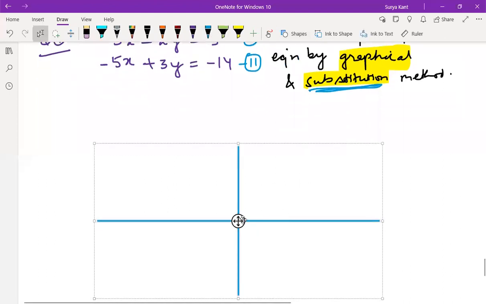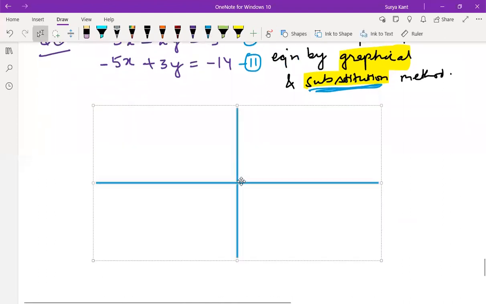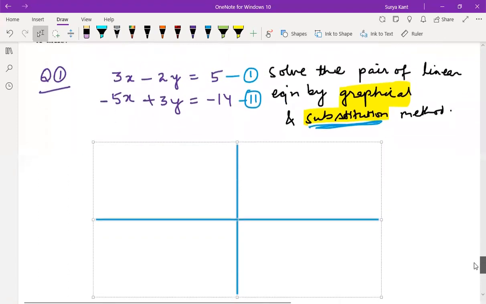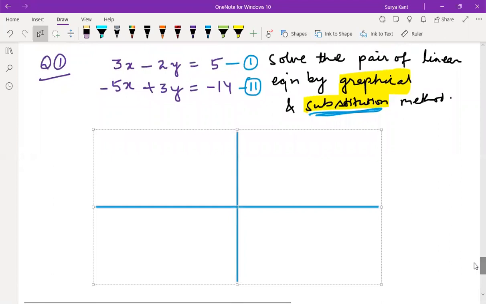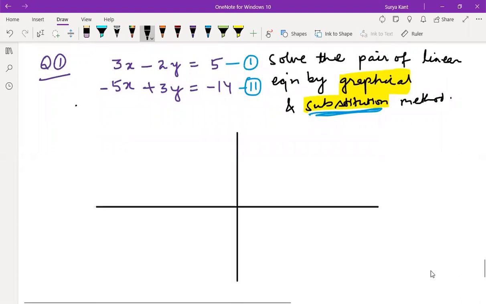Sir, if we're getting 5 equals 5, are we supposed to get x equals something? For the graphical method, we have to find this equation first. What should you write here? x and y, right?